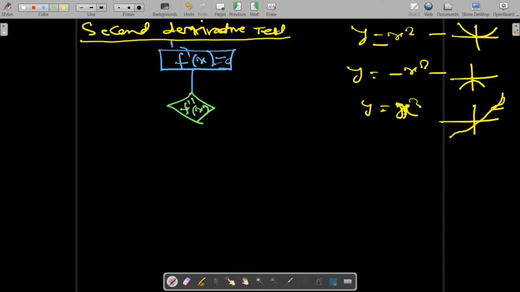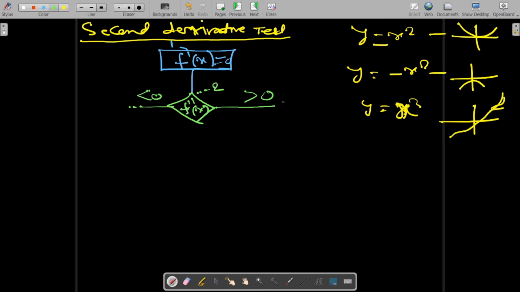If the first derivative, equated to 0, gives 0, then go to the second derivative f double dash x, put the value of x here and check whether it is greater than 0 or less than 0.